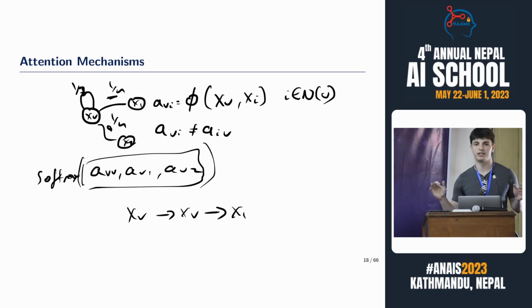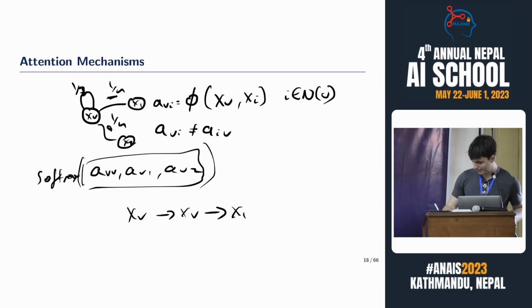This is just a neural network that usually outputs a scalar value. This network is saying that if this number is big, this node is very important for this classification. So if this raw attention weight is very big compared to this one, then in some way xi holds more information for xv compared to x2.